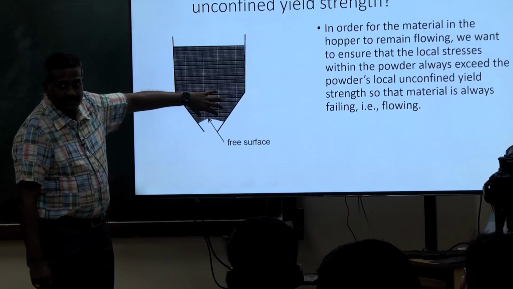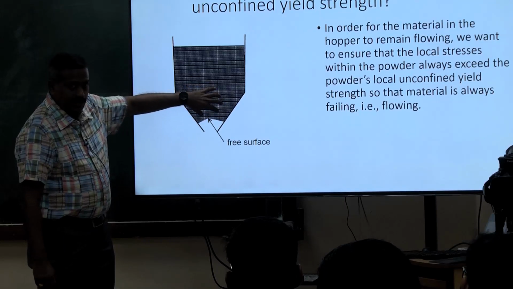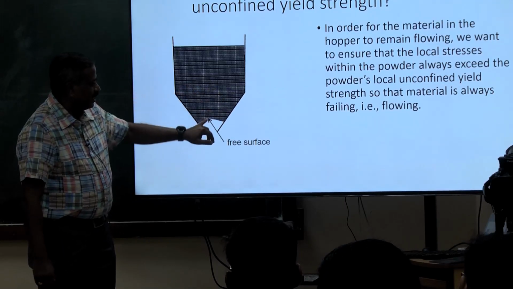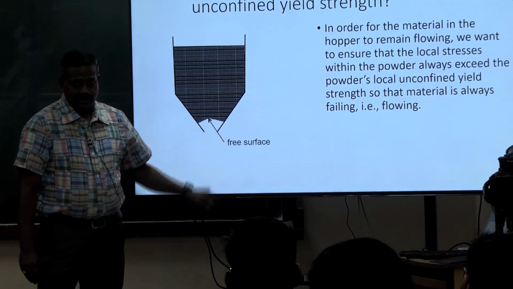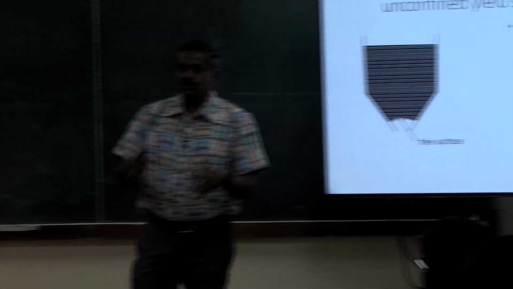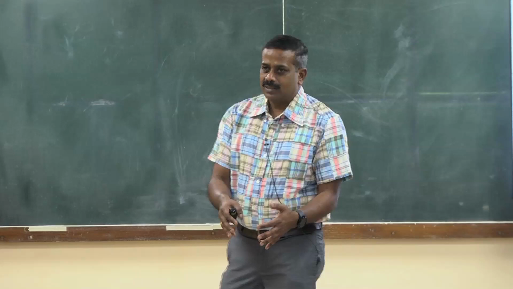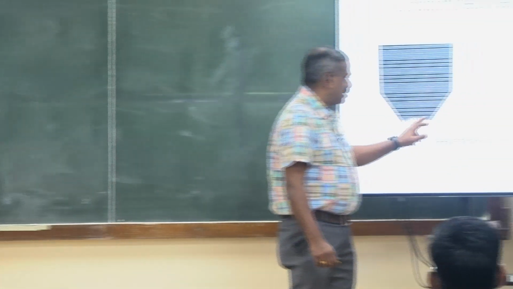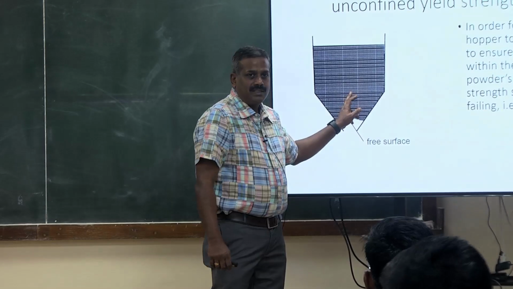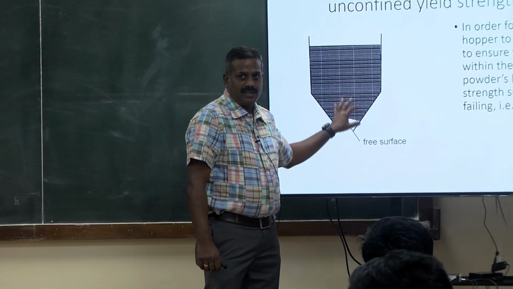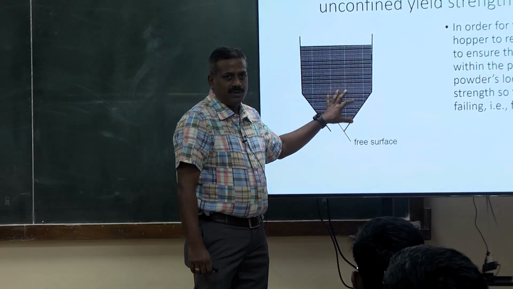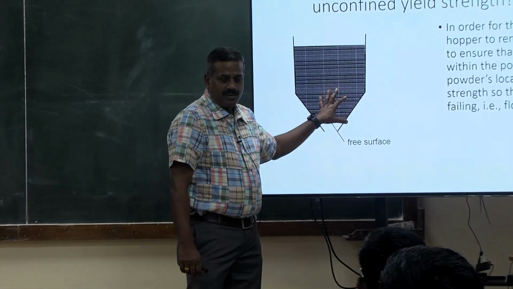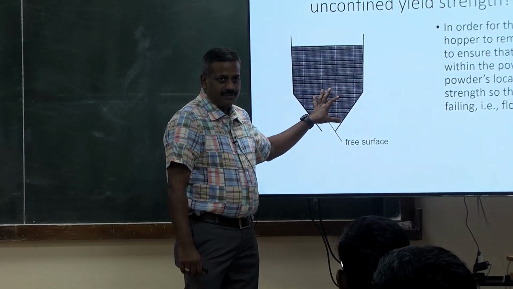This strength of the powder here should be higher than the strength at this arch. Then only it will push the powder down, and that will make the powder flow. But if the strength at this arch is higher, that's when the flow stops and there will be caking, holding of powder, non-uniform flow, etc. Is that clear?